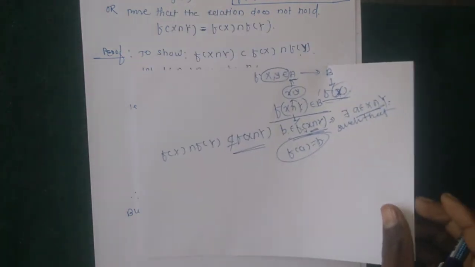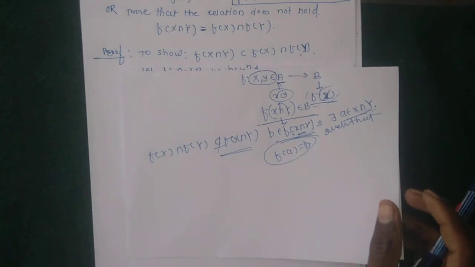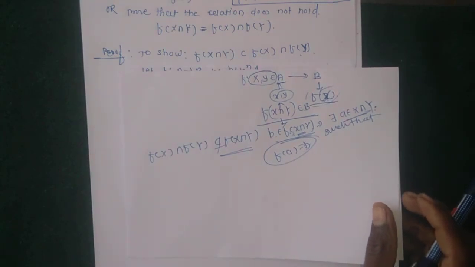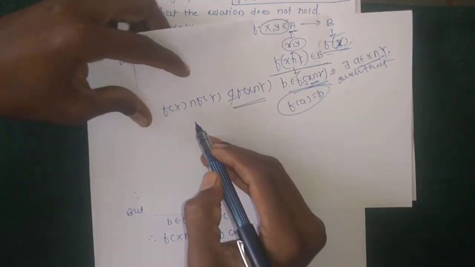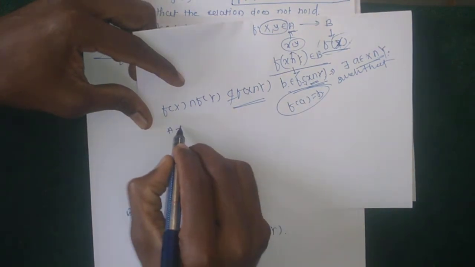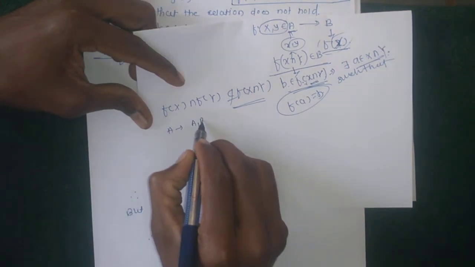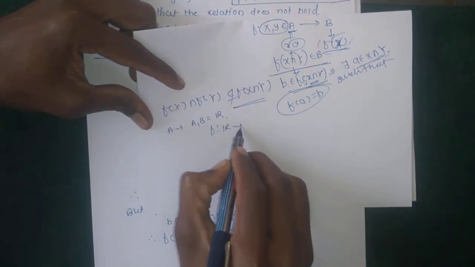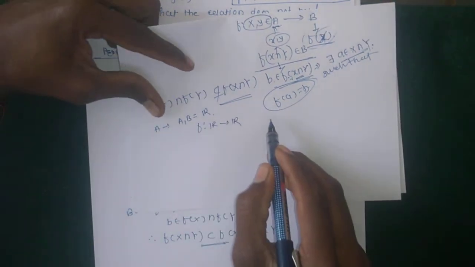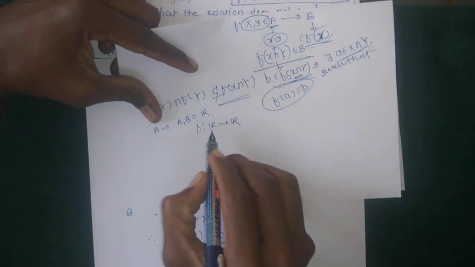That means the intersection of images of two sets is not a subset of the image of the intersection. So the counter example is: suppose A and B are sets of real numbers, and the function is from the set of real numbers to the set of real numbers.